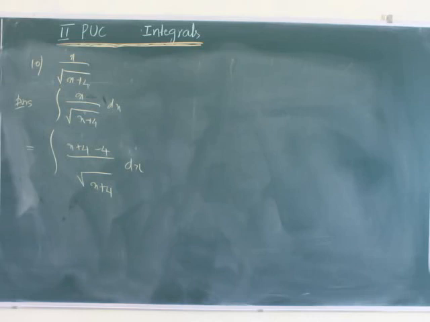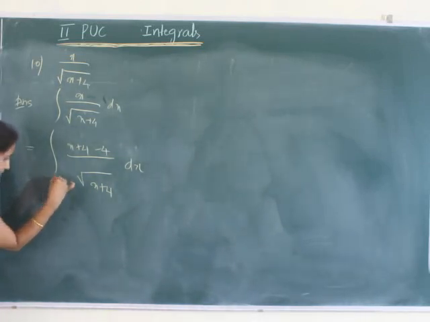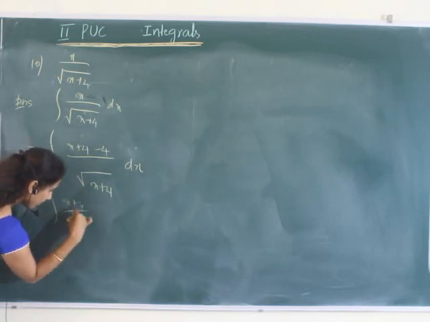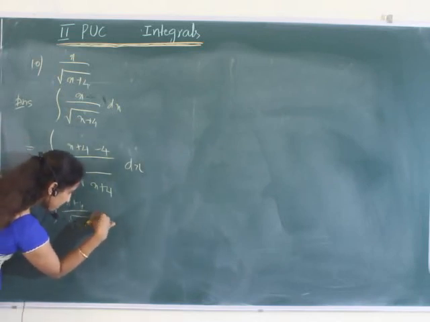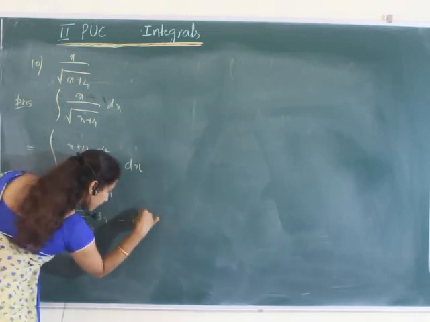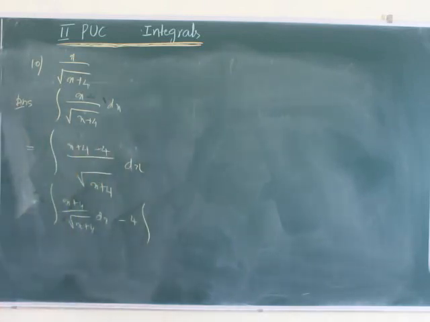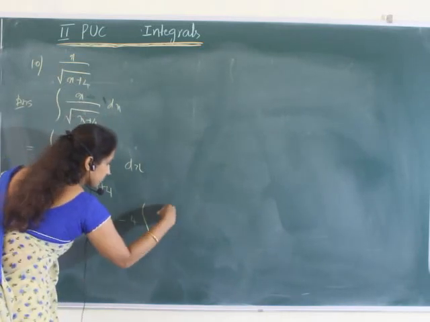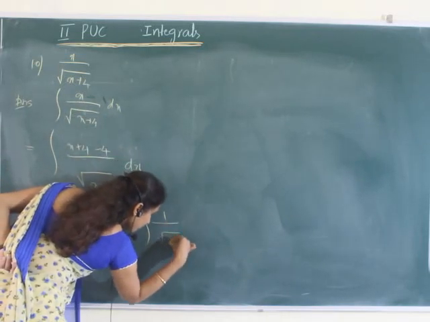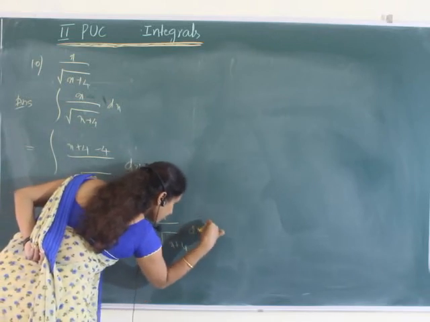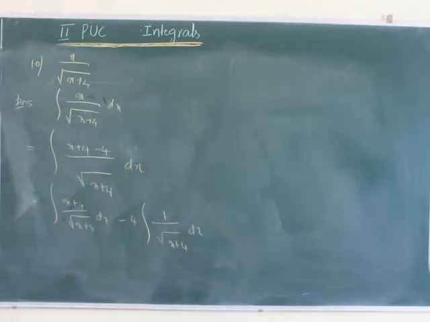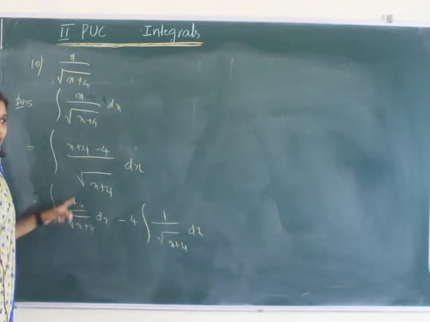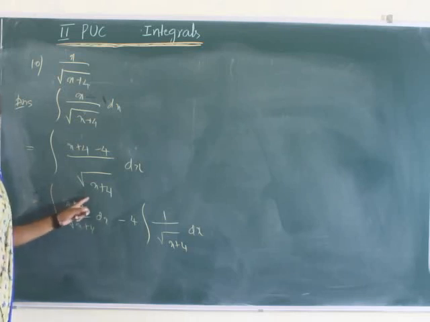Here we can make a substitution, x plus 4 as t. Then t by root t can be t to the power 1 into t to the power minus half, which is t to the power half.